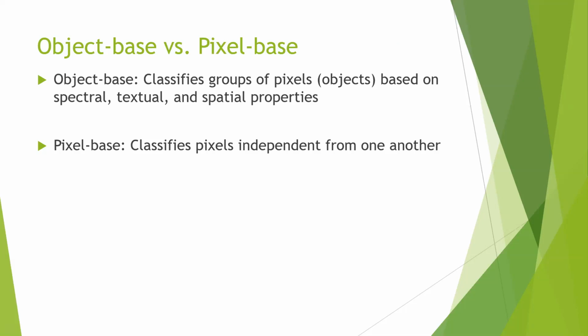So the object-based method is often more effective than a pixel-based, especially when using high-resolution imagery, because it's able to incorporate different information to create those signature classes to automate the extraction process.